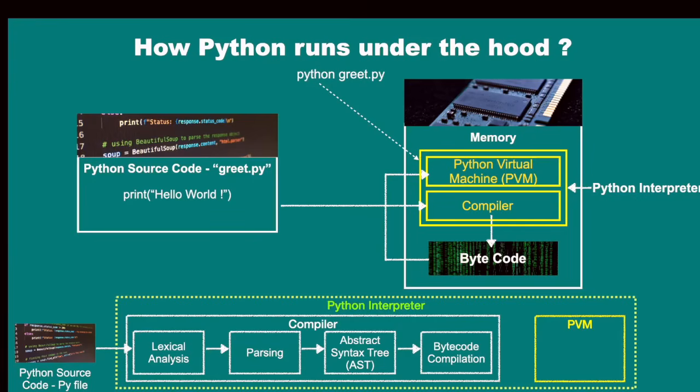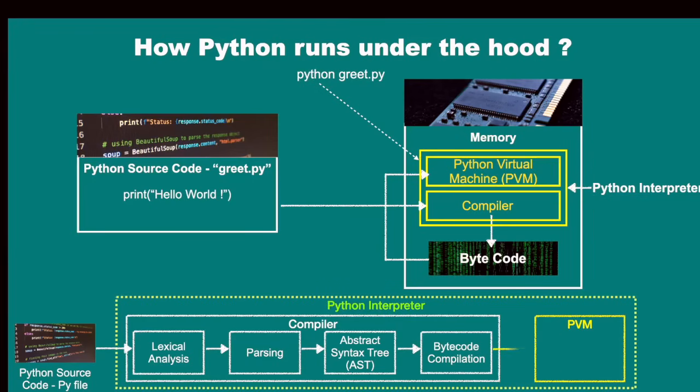Bytecode is a lower level representation, which is closer to machine code but still platform independent. For example, the Python statement x equal to 10 might be compiled into a sequence of bytecode instructions like LOAD_CONST 10, STORE_NAME x, like that. So this is how the compiler part of the interpreter converts the source code into bytecode.